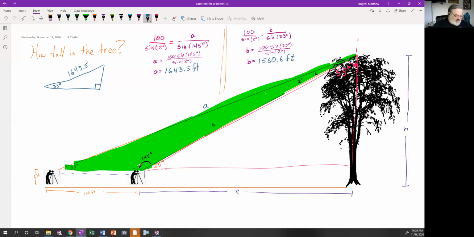As soon as we find out that 1643 is a hypotenuse, we have a hypotenuse. We want an opposite length. That's just a straight, good old everyday sine question. So I don't disagree with you that you can use the law of sines. I disagree that we should use the law of sines. Is that fair?